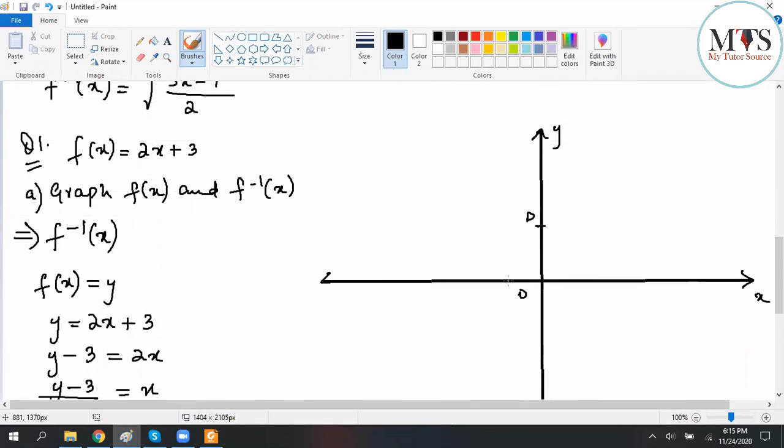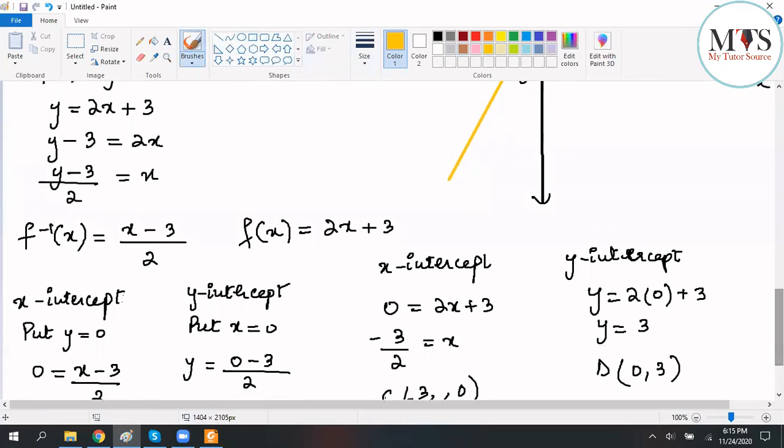So let's suppose that is over here. So we connect these points. Okay. This is y equals f of x.